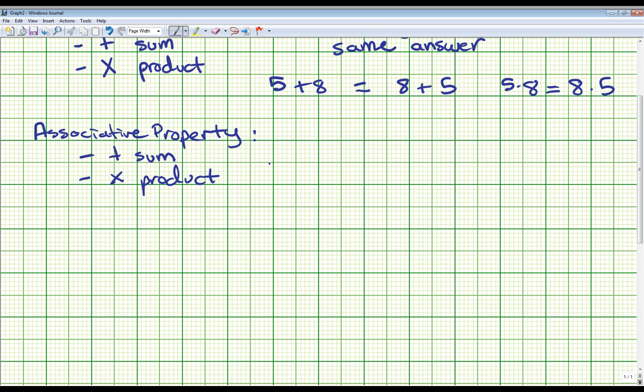Well, this one is all about the grouping of your numbers. So really, when I think of associative, I think of the parentheses. So I'm going to put little parenthesis marks here. And what it says is that you can regroup the problem and the answer is going to be the same. So this one's about regrouping. So regroup and you get the same answer.